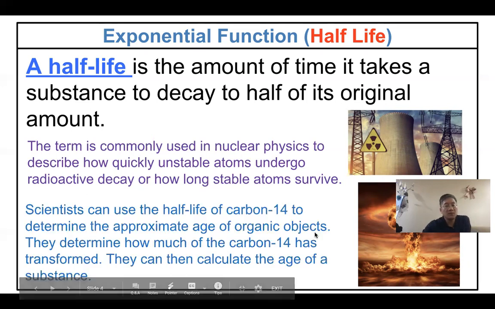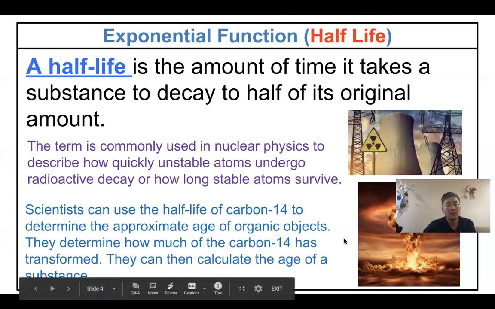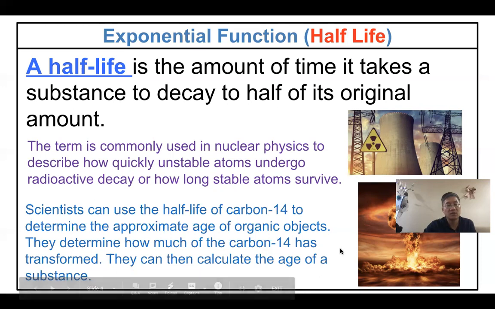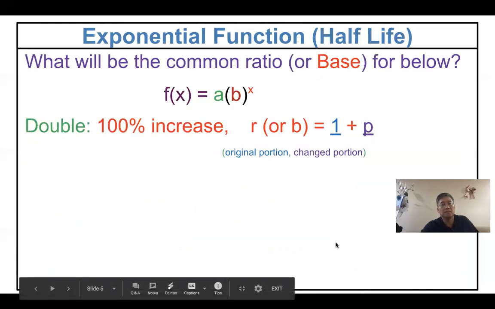And scientists can also use the half-life of carbon-14 to determine the approximate age of organic objects. They determine how much of the carbon-14 has transformed. They can then calculate the age of a substance, or these things, right?